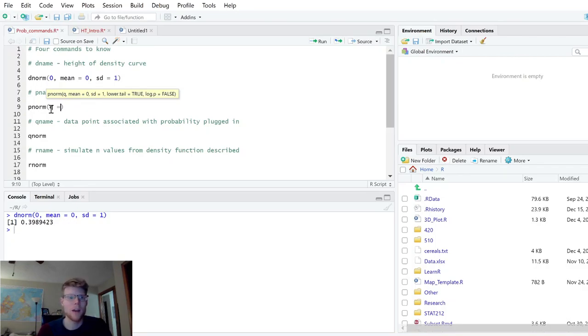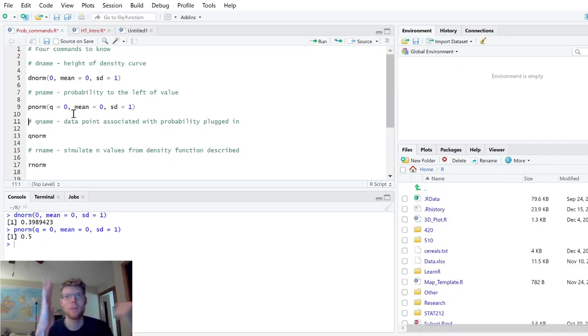So let's say that my value is 0 again for sake of example, and I'll do a 0, 1 normal distribution again. This is going to give me the probability to the left of this data point. Since I picked literally the mean, half of the distribution is to the left of the mean, because the normal distribution is symmetrical about the mean.